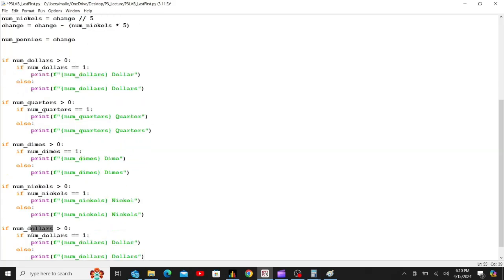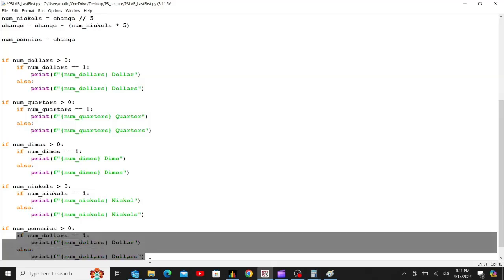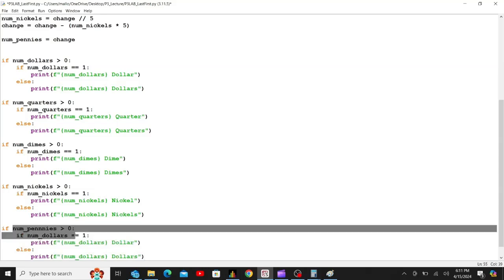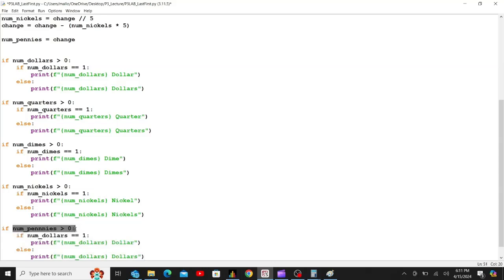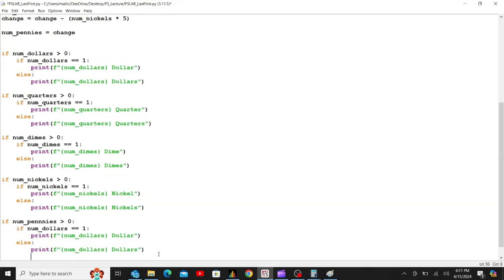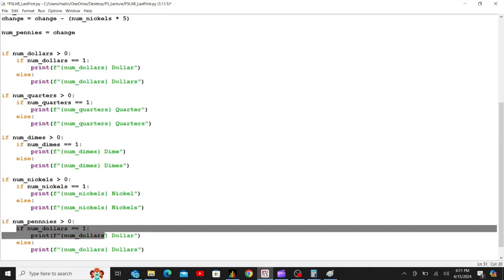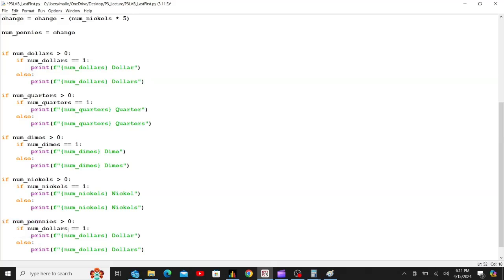So if the number of pennies is greater than 0, I'm going to come inside and look at these 2 lines of code. If pennies is not greater than 0, then it has to be 0. And we will skip all this code and we will print absolutely nothing. But if it is greater than 0, we come inside of here and we check to see if it equals 1.